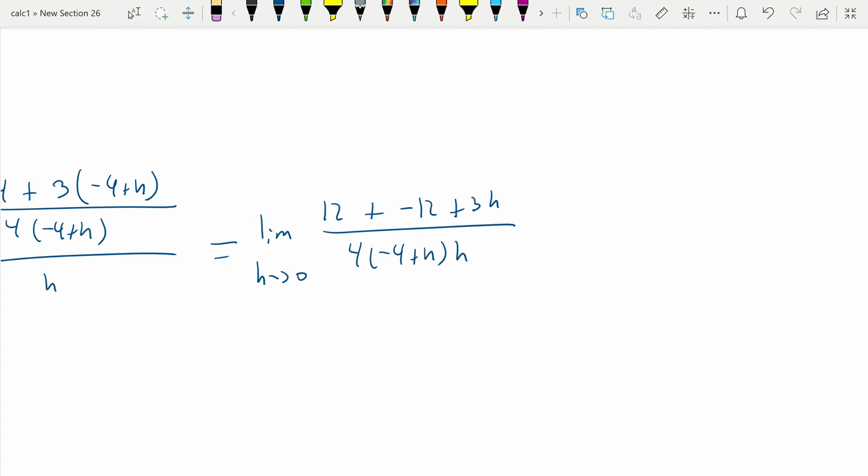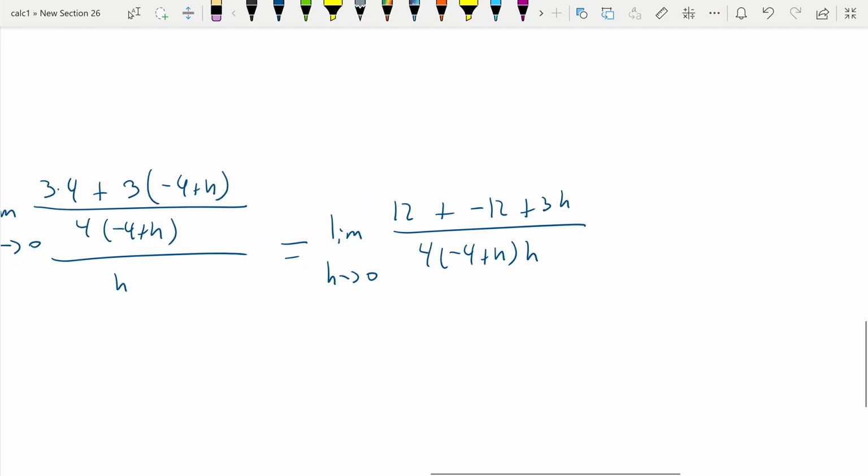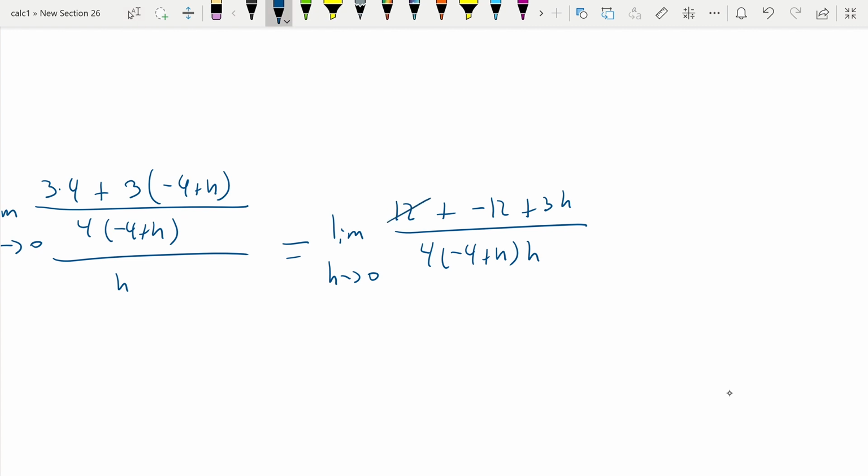Now, going back to the limit we want to compute, we have a 12 and a minus 12, that's a 0. We end up with a 3h, and that's the only thing remaining in the top. So the h's can be cancelled out. We have to compute the limit when h approaches 0 of 3 over 4 times minus 4 plus h.